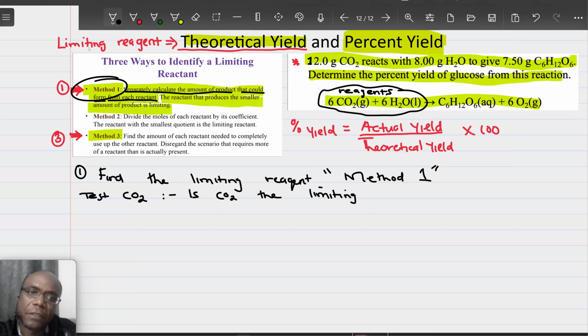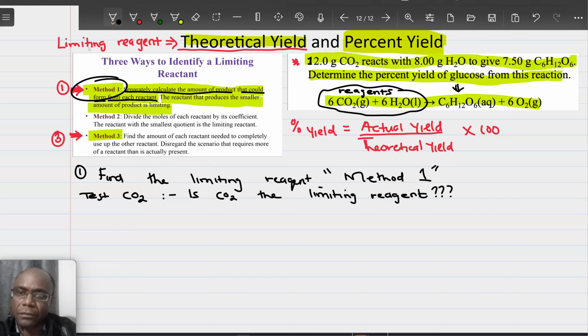That's the definition of limiting reagent or limiting reactant. The limiting reagent is the one that's going to be completely consumed. So we need to answer that question using method 1. I'm told that I have 12 grams of CO2 and I need to find how much glucose possibly is going to be made.